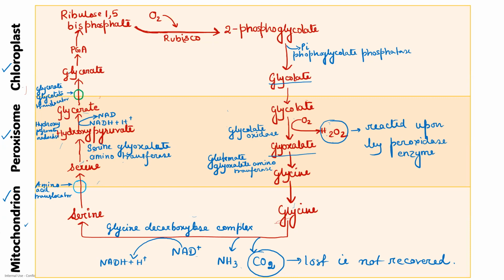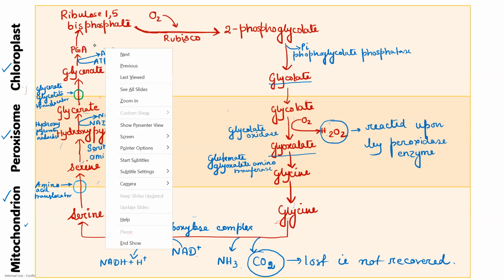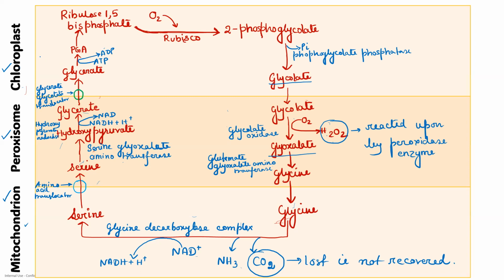Now this glycerate will form PGA, using ATP. PGA means phosphoglyceric acid, with the help of the enzyme what? Glycerate kinase.